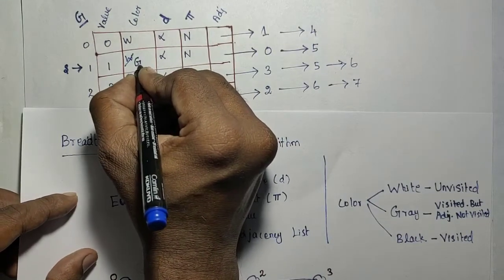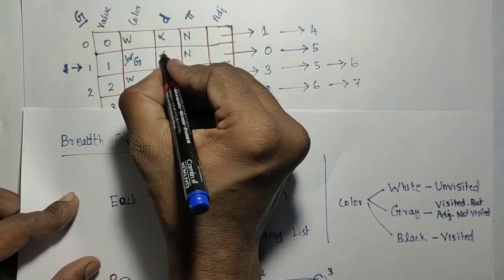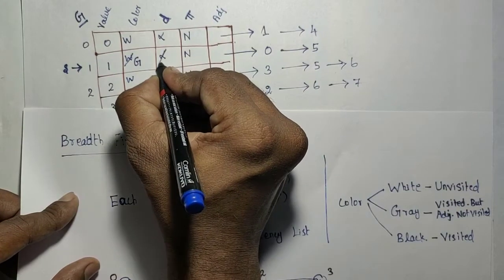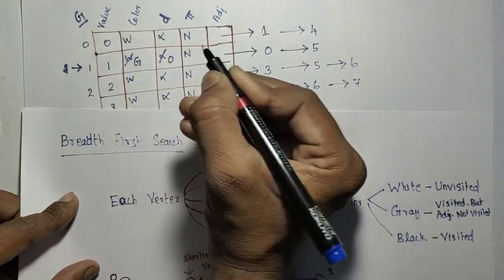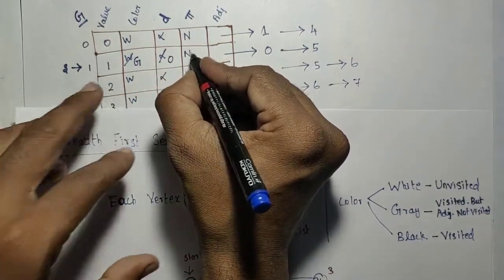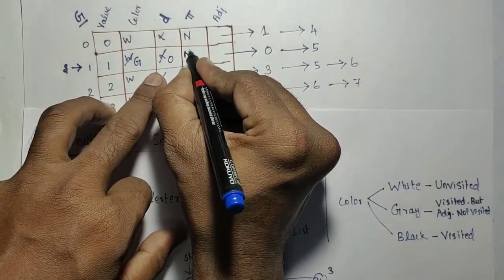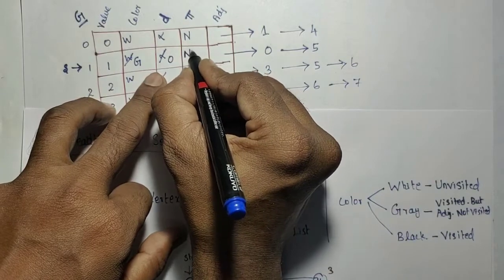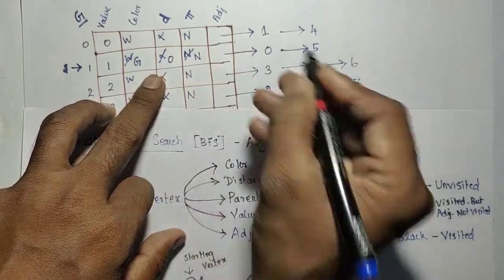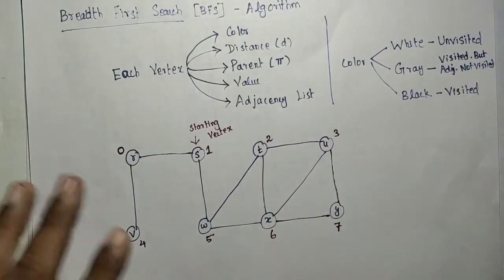That white has to be changed to gray. It is not black, it is gray. And then the distance will be changed to 0, and the parent will be updated with the same null. So that is the next step.